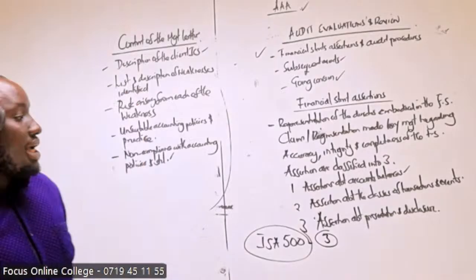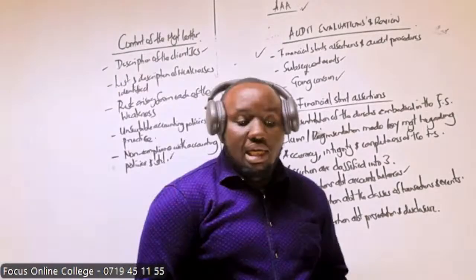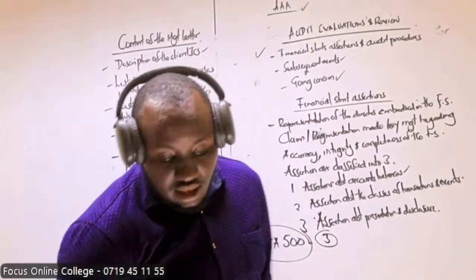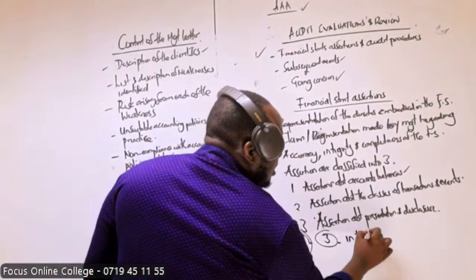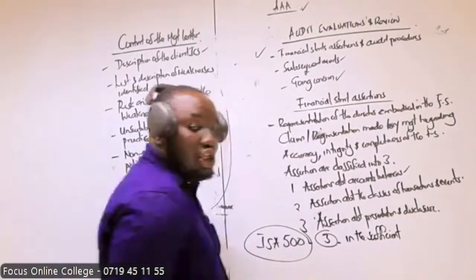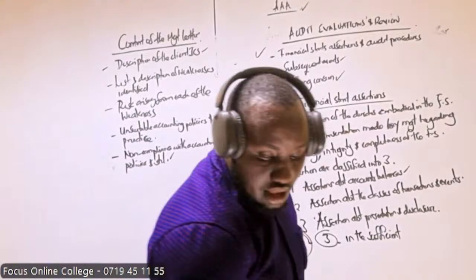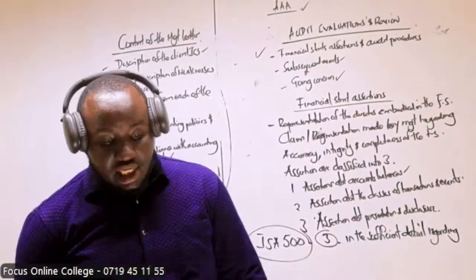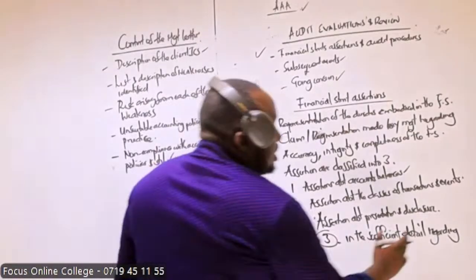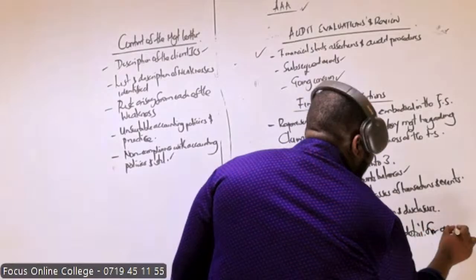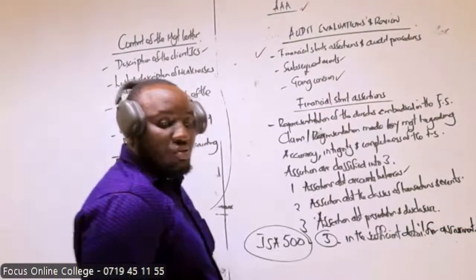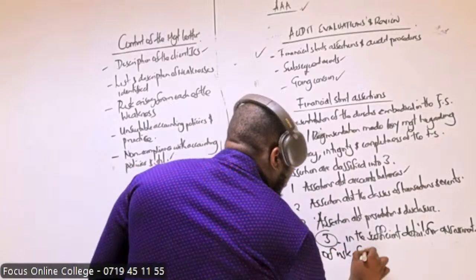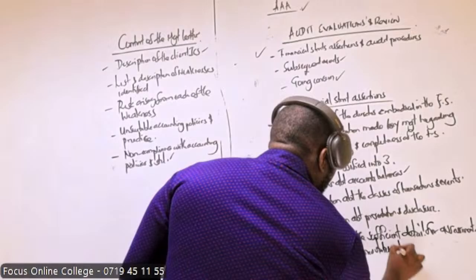ISA 500 basically says that auditors should use them in sufficient detail for assessment of risk of misstatement.